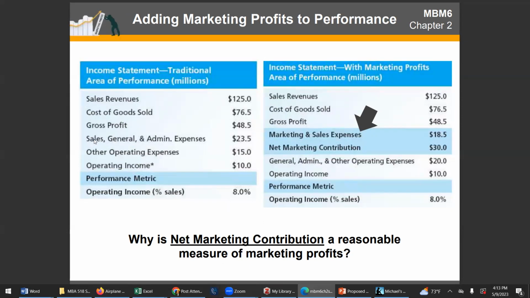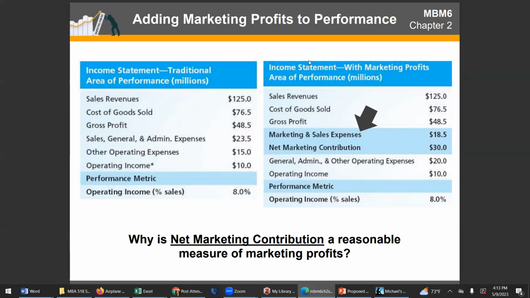Now, what's interesting here is that sales, general, and administrative, or SG&A, are all aggregated here at 23.5. That's the financial lens that we'll use, right?